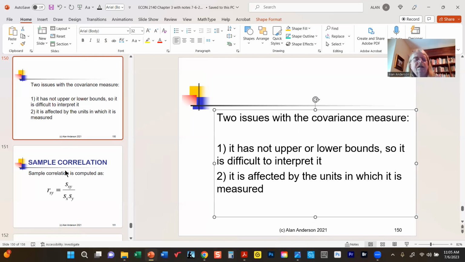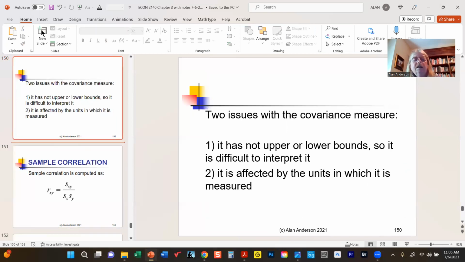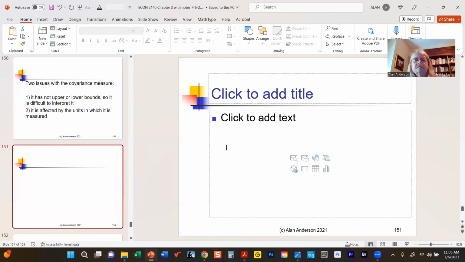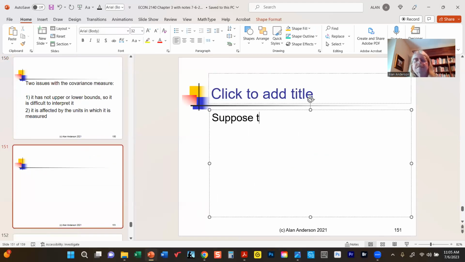Well, for example, suppose that a U.S. retailer has stores in the UK.